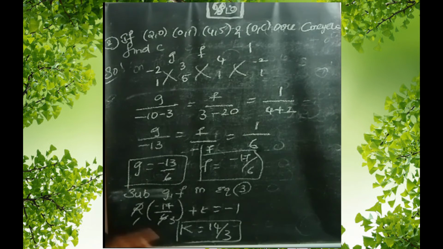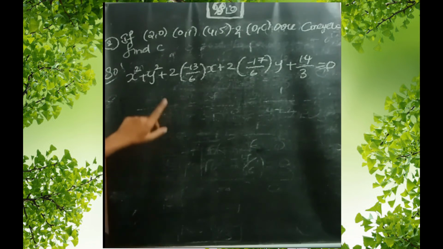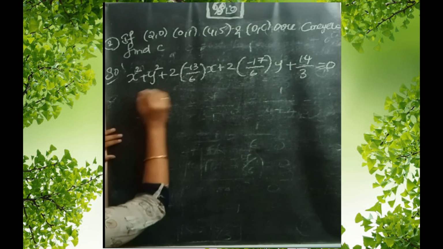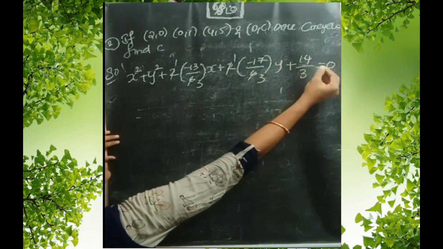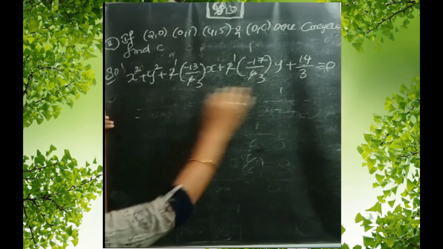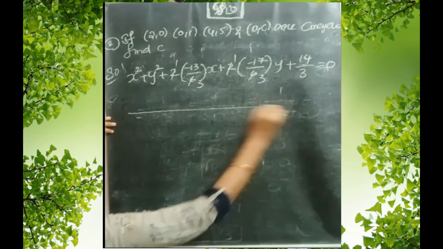Okay, g, f, k. Now substitute these 3 values in equation 1. Now I have substituted g, f, c in the first equation. Now 2 1s are 2, 3s are 3. So 14 by 3. Now take 3 as LCM.